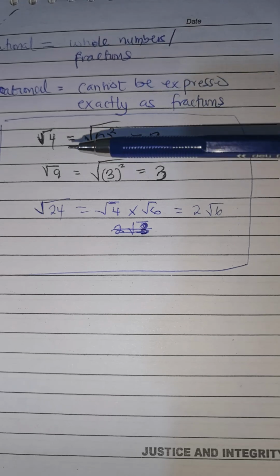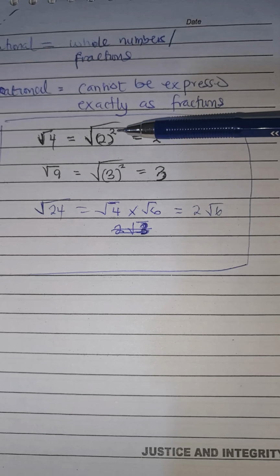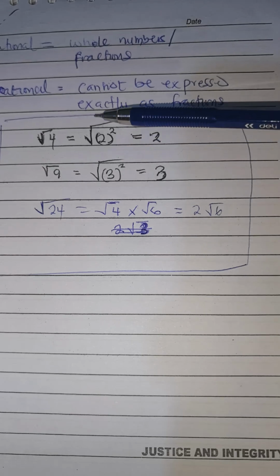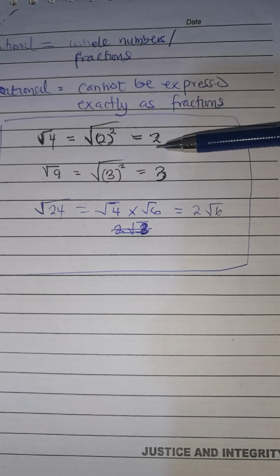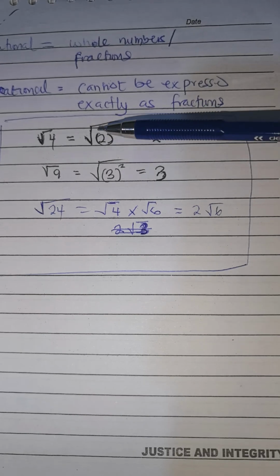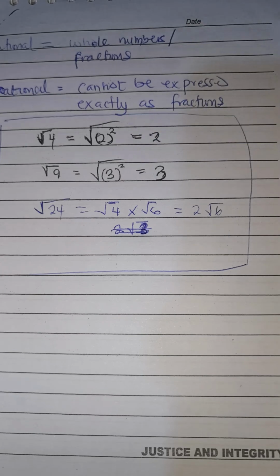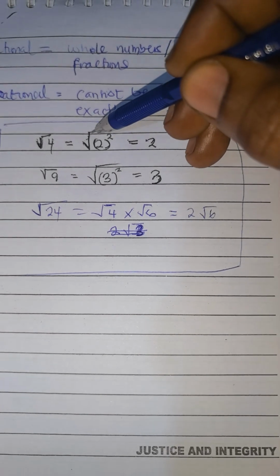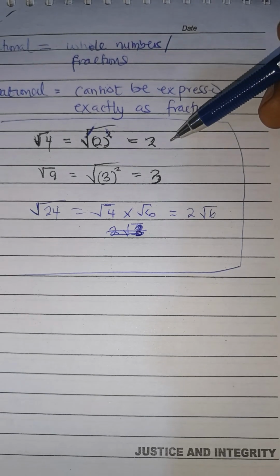So for square root of 4, that will be 2 raised to the power 2, and this is still under the square root sign. How do we get the 2? We see square here, and the sign is even called square root. So the square and the square root cancel themselves, hence 2.